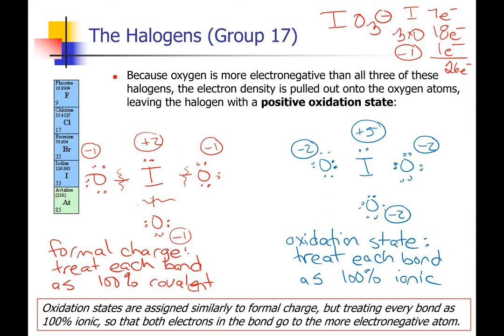Oxidation state we'll use to measure whether atoms have gained or lost electrons in a reaction. We can determine both by looking at a Lewis diagram and imagining what would happen if we broke the bonds 100% covalently to get formal charge or 100% ionically to get oxidation state.